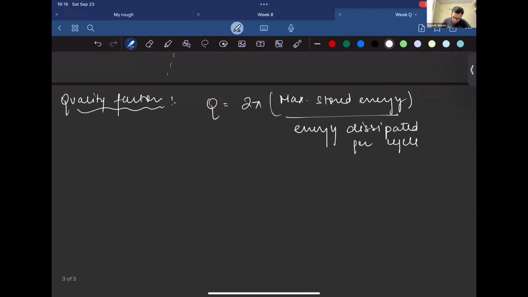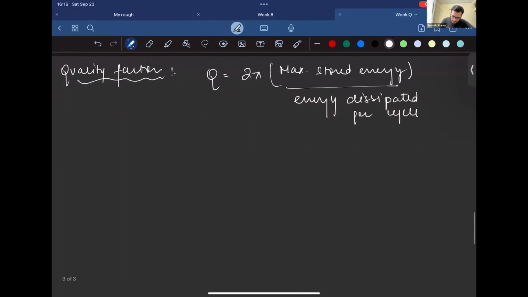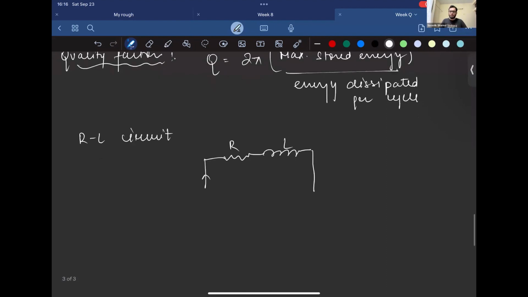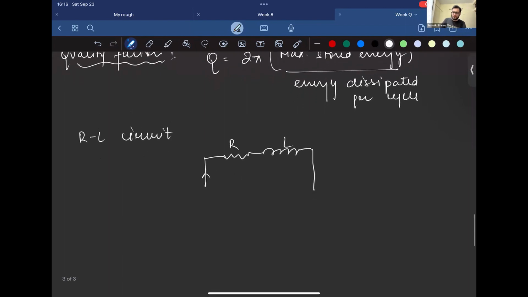So let's start with an RL circuit. Can anyone tell me what is the maximum energy that can be stored in the inductor, Emax?